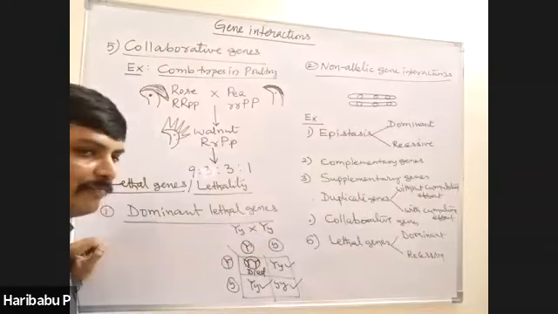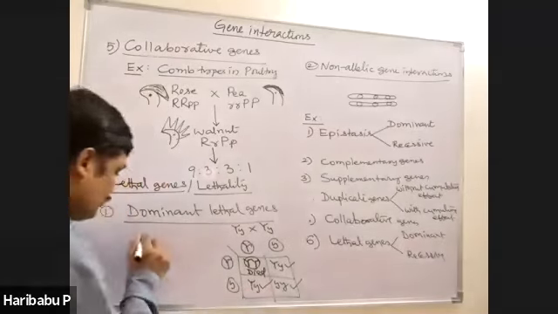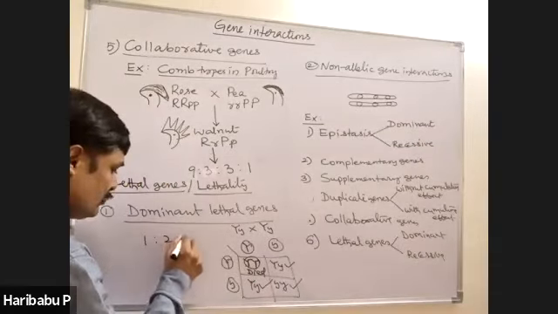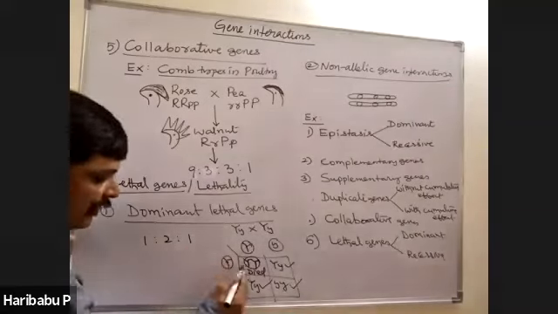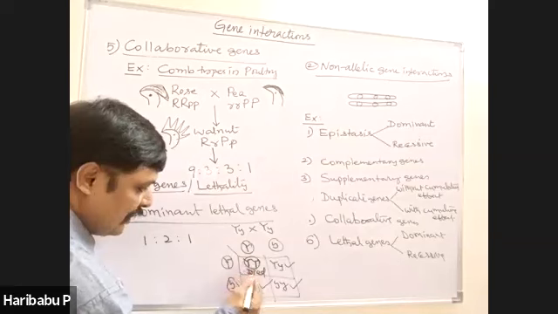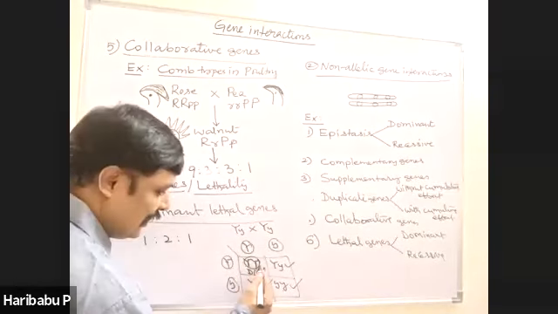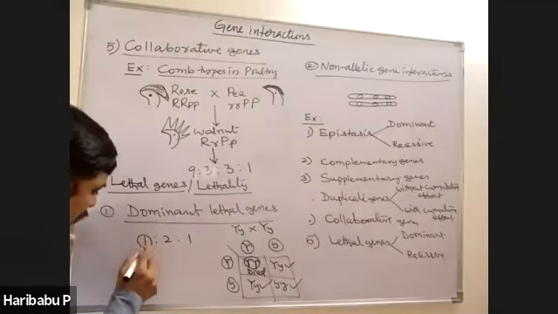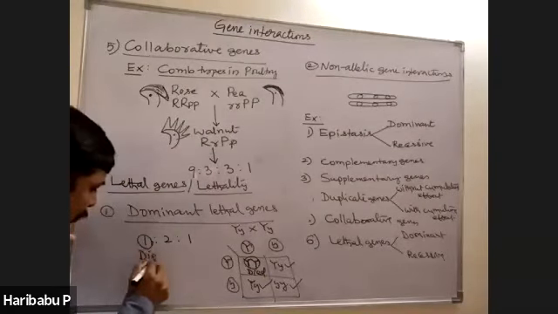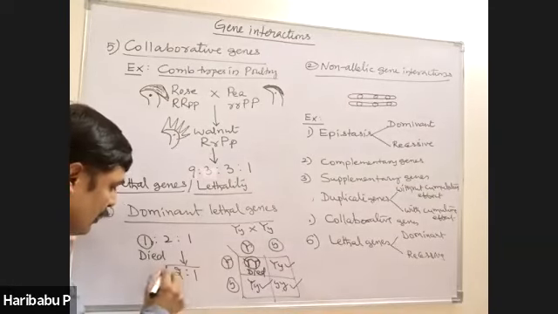I think you understand. So the actual ratio is 1:2:1. Here, when two dominant genes come to the homozygous condition, the organism cannot survive due to lethality. Therefore, this will die, and the ratio is modified as 2:1.